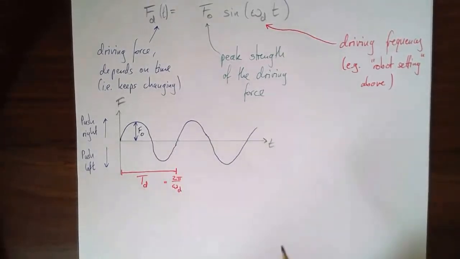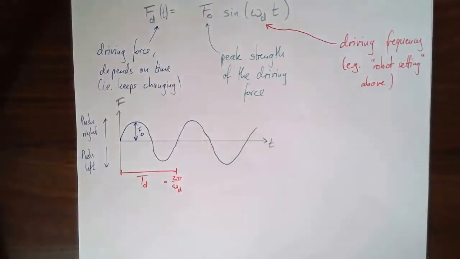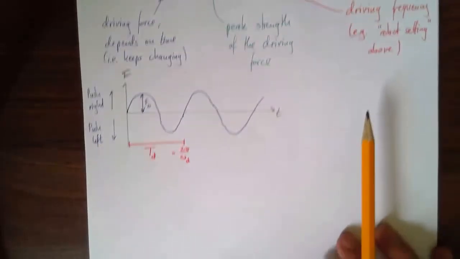So now let's apply this force to our oscillator. Now the oscillator, of course, has already a force in it, namely the spring itself, or in the case of the pendulum, gravity, the gravitational pull towards the equilibrium point. So let's write down Newton's second law.